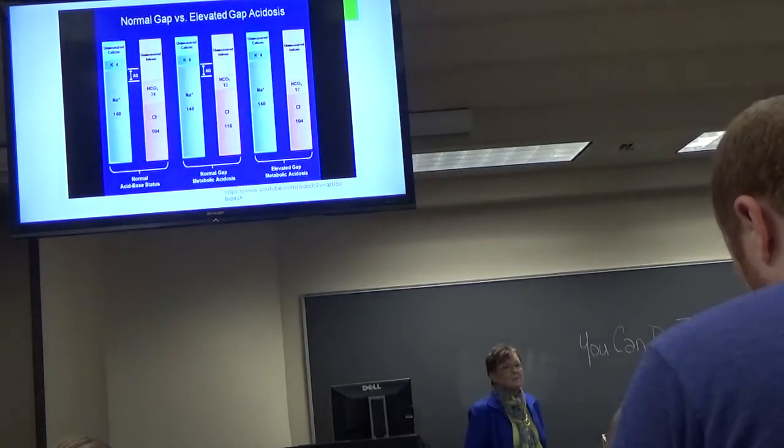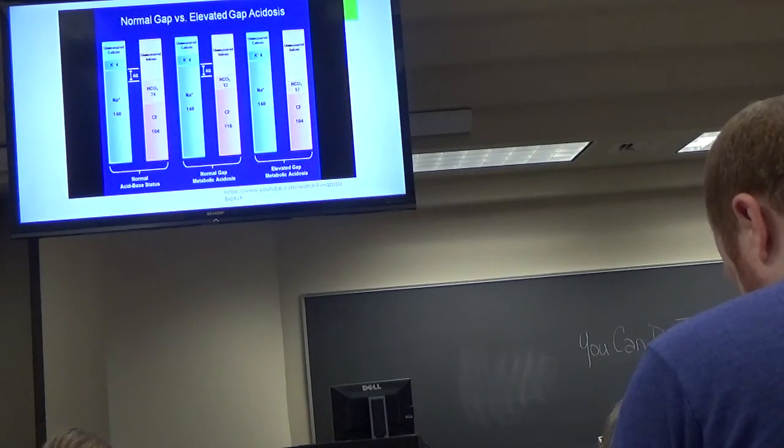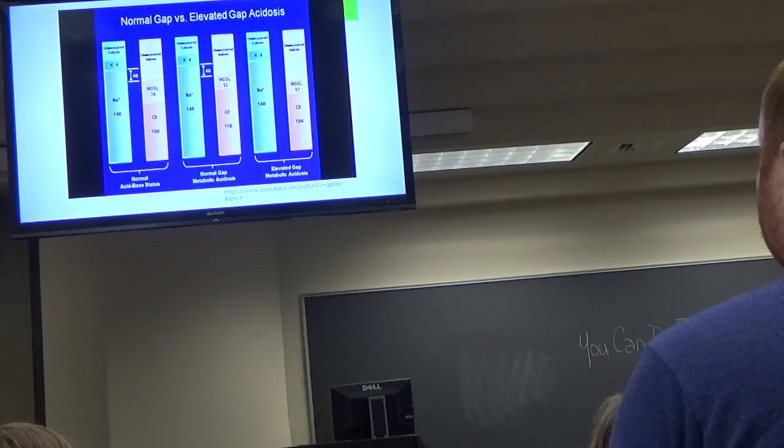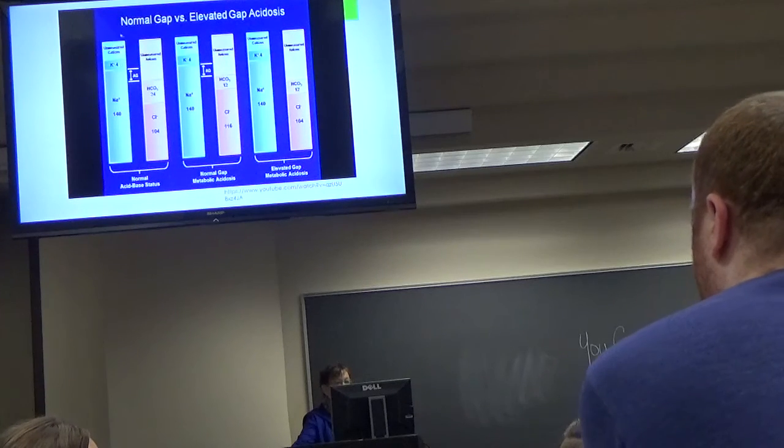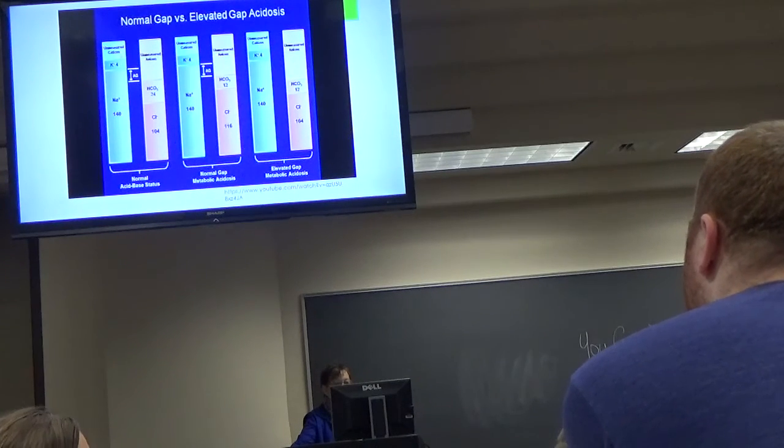So anion gap, what's an anion gap? Well, here's normal. So what's the difference? Here are your cations, right? Your major one is sodium, a little bit of potassium, then you've got unmeasured cations.